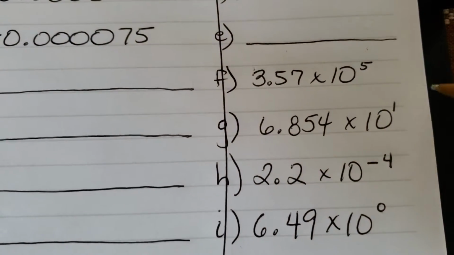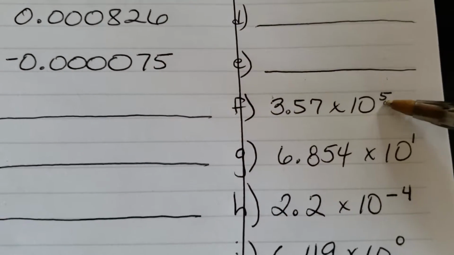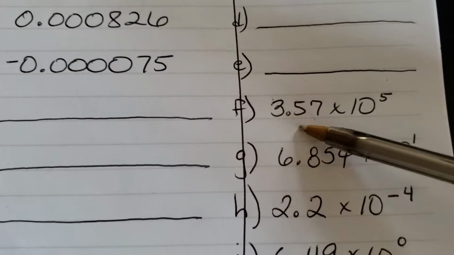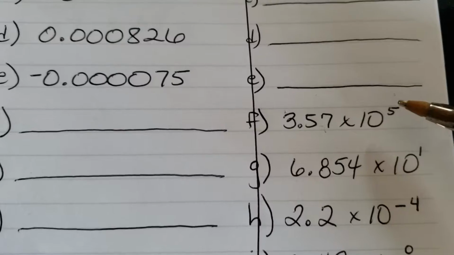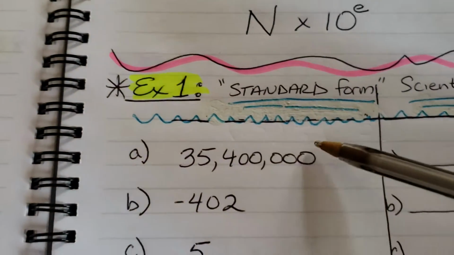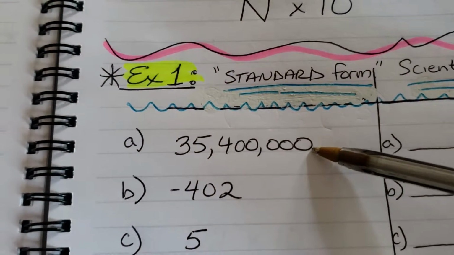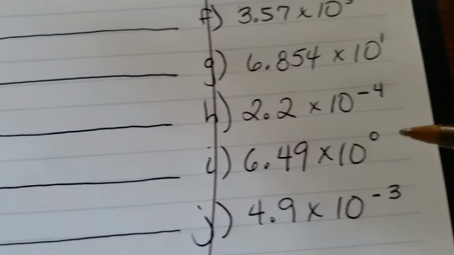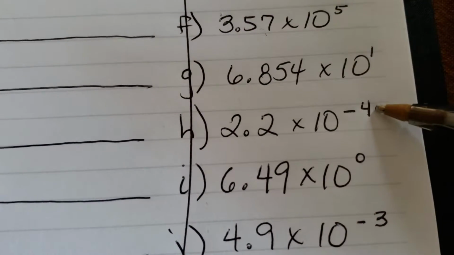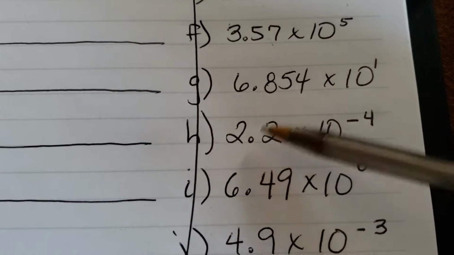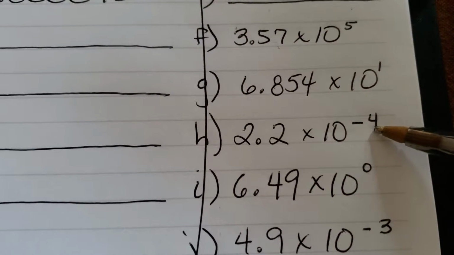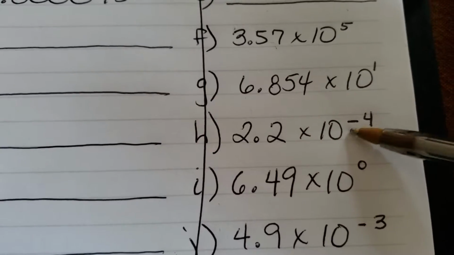By the way, when you have something like this where we're taking that decimal and moving it to the right, 1, 2, 3, 4, 5, we are going to get a big number and it's going to look like something like this. Now when we're looking at a negative exponent, that means we're going to be moving our decimal this many digits, 4 in this case, to the left.